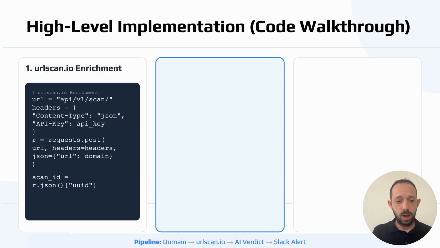So basically, I'm getting the domain or the WHOIS data. In that case, I just needed the domain. So I'm sending this domain to urlscan.io, which enables me to get the HTML data, the screenshot, the redirects, etc.